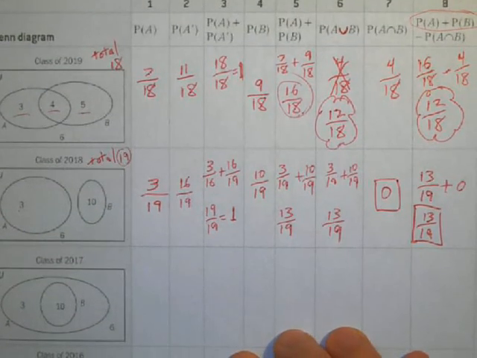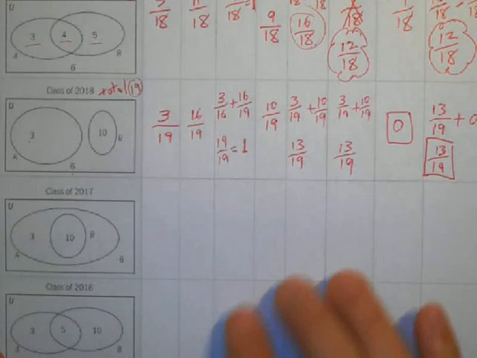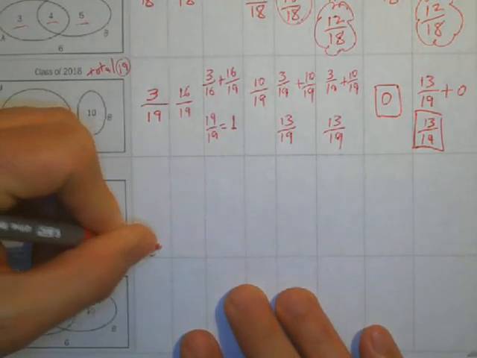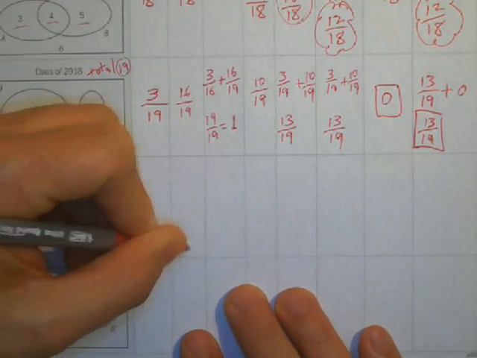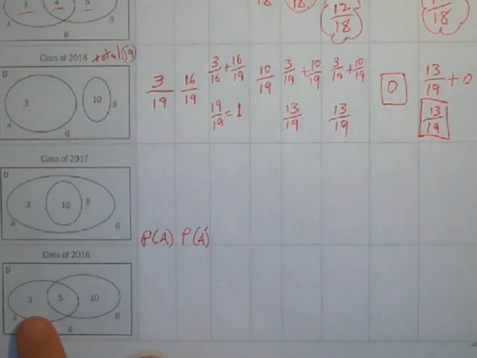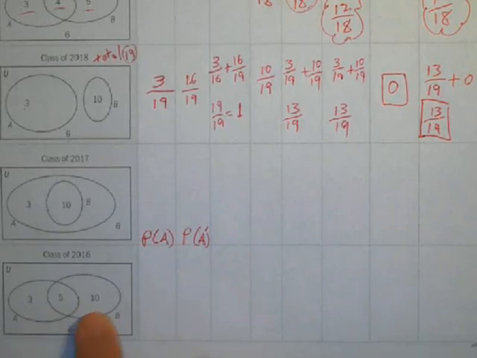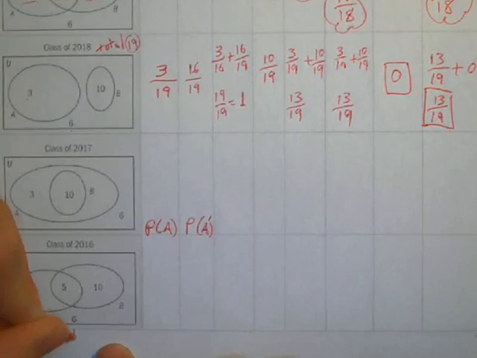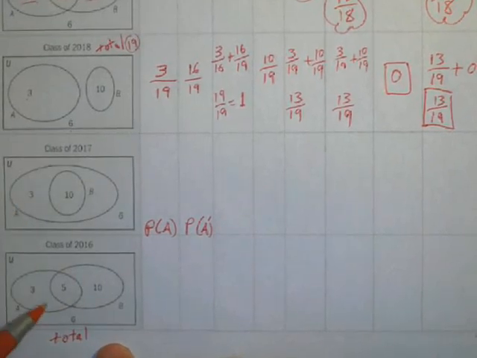Let's do this bottom one and then move on. So we've got probability of A, probability of not being in A. Probability of A: we've got 3 plus 5 plus 10 and 6. So my total is 3 plus 5 is 8, 18 plus 6 is 24.